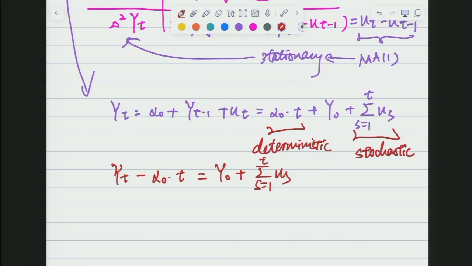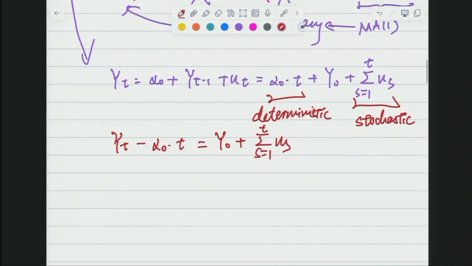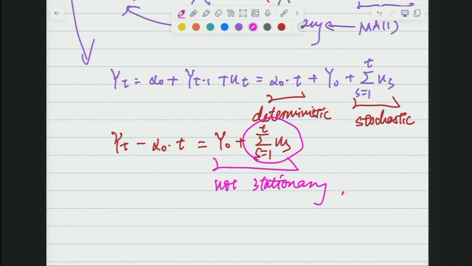The stochastic trend still remains after subtracting the deterministic trend, so this is not stationary because of the presence of the random walk component, the stochastic trend.